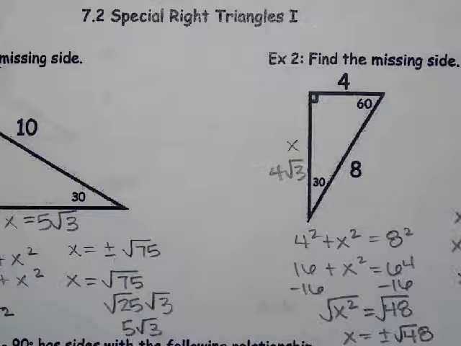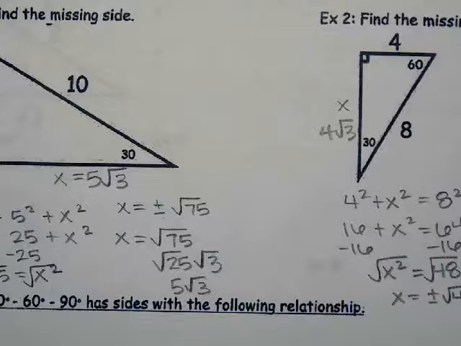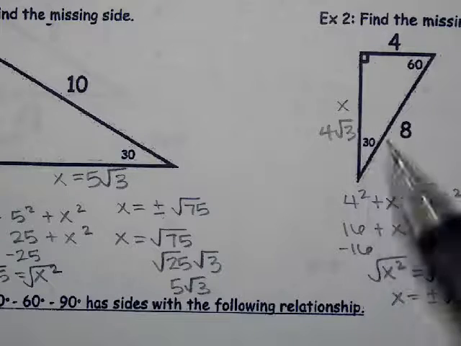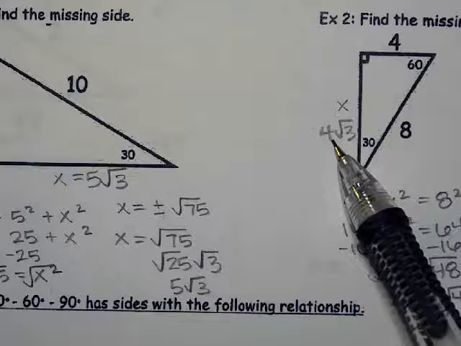Okay. So let's be more specific. Which sides are one half? The hypotenuse. So we've got the shortest side, and then the hypotenuse is twice as long as the shortest side. Okay. Peter, what are you noticing? Okay. So the shorter leg times root 3 is the longer leg.